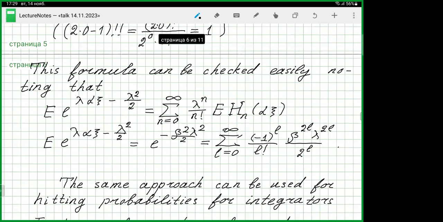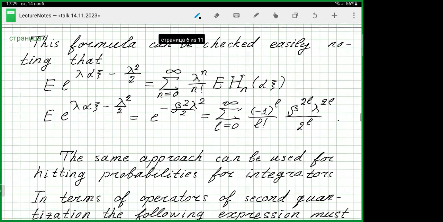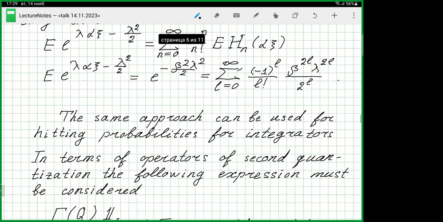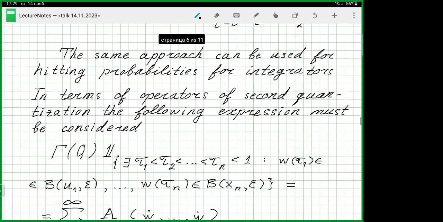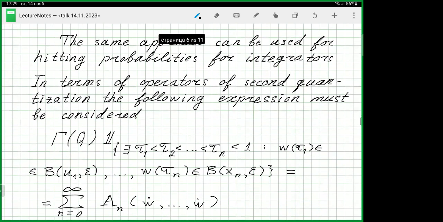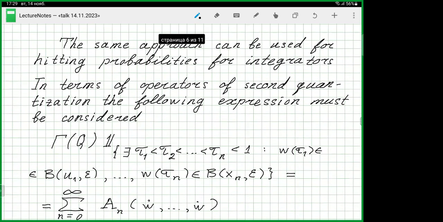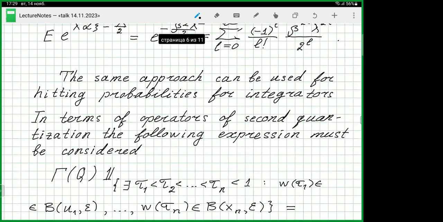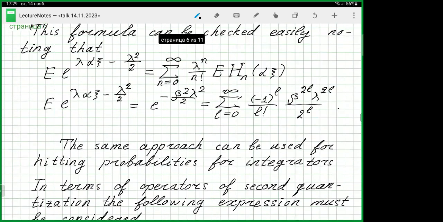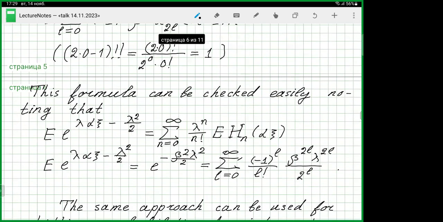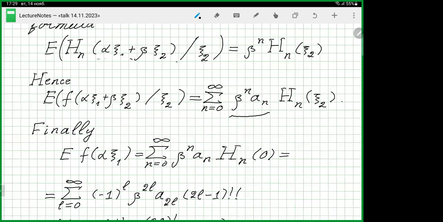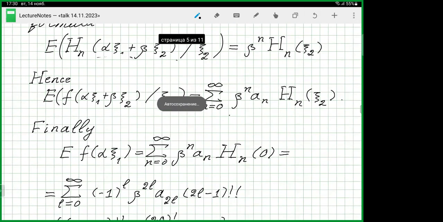Okay. So the idea is the following. Let us use the same approach for hidden probabilities for integrators. Let us try to do this. Where we have in stochastic analysis the operation of multiplication of coefficients on something. It is exactly the second quantization operation from stochastic analysis. So let us go to the general case.